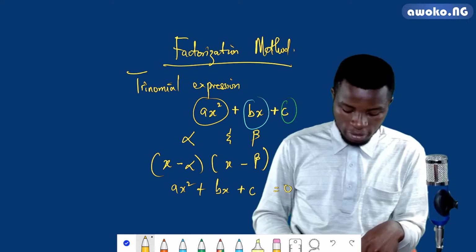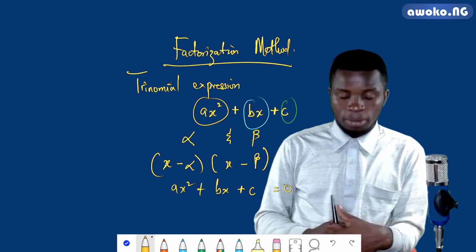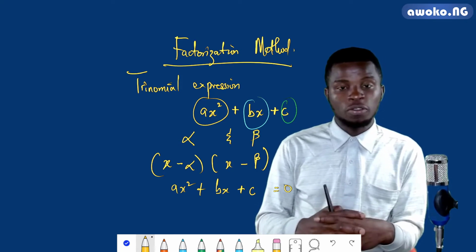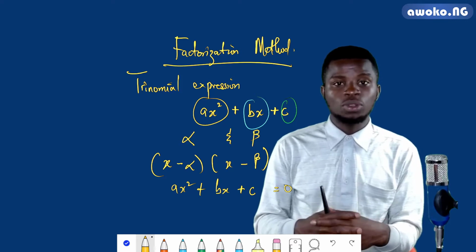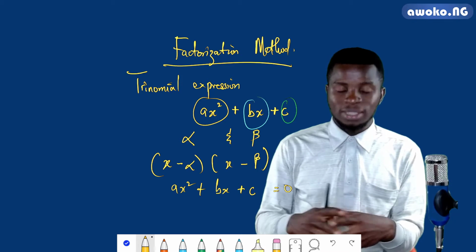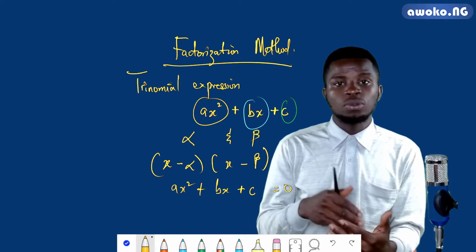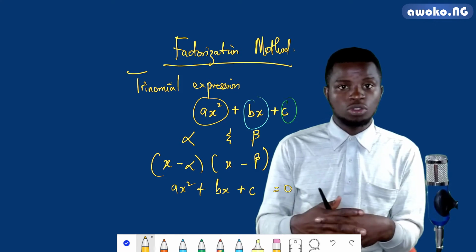So we can have x minus alpha and x minus beta as the roots of the solution to the quadratic equation, as they are the values of the independent variable that would make the expression equal to 0.